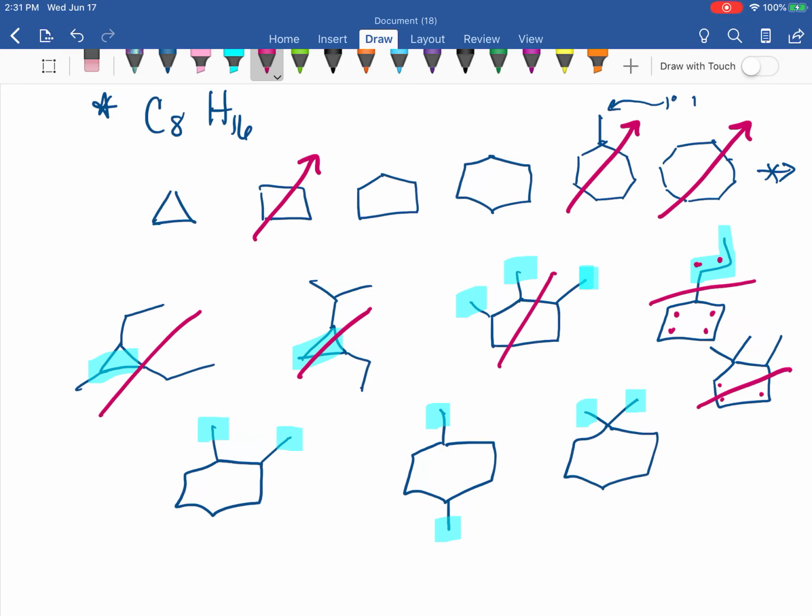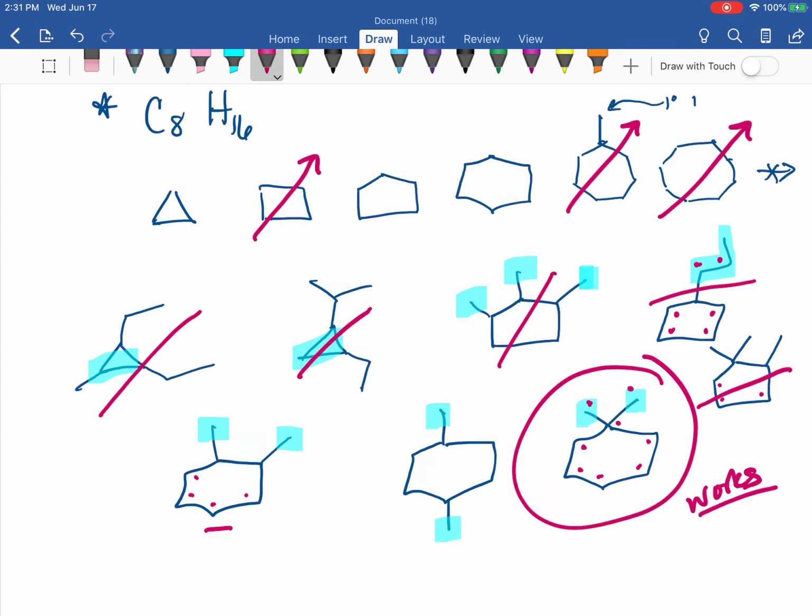So you see the idea. You just literally need to be happy drawing isomers and start to figure out your process. And then I'm going to work my way down here. Okay, well, I can have 1, 2, 3, 4. All right, I'm getting closer. 1, 2, 3, 4, 5 secondary, 1 quaternary, and 2 primaries. Shut the front door. I think this works.